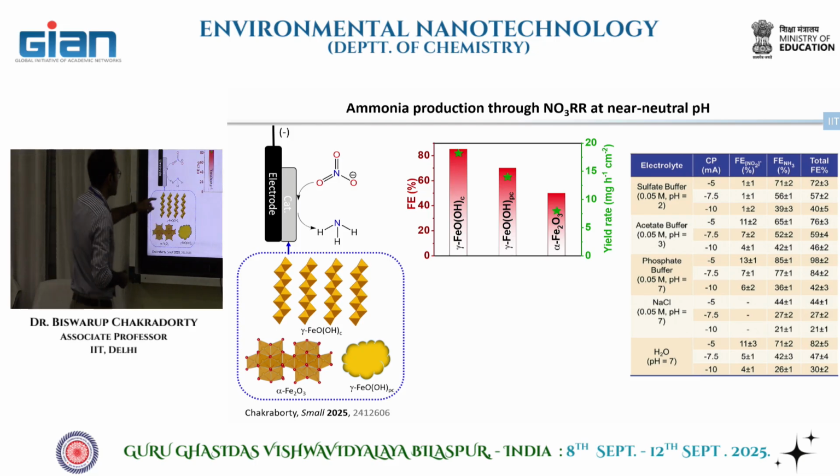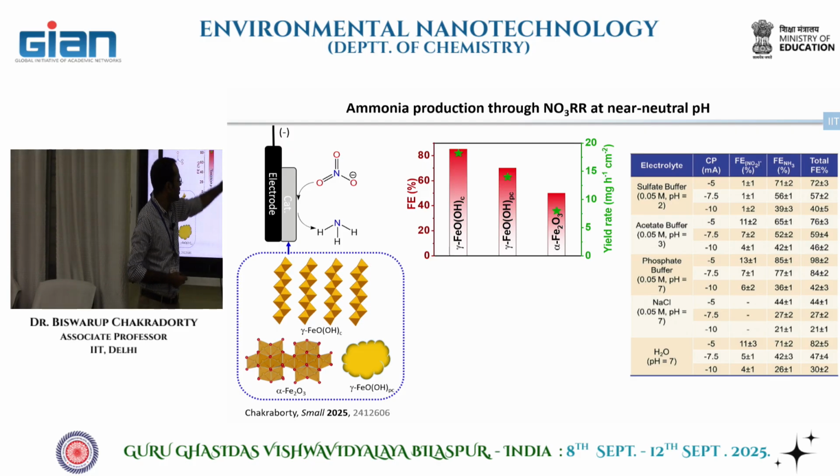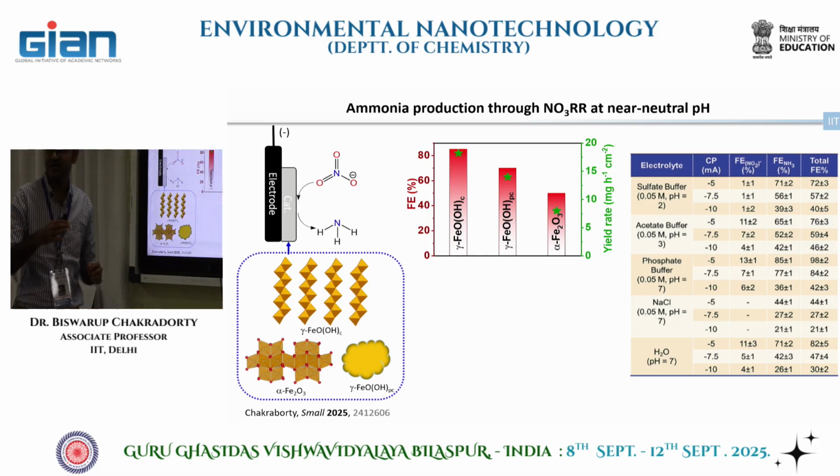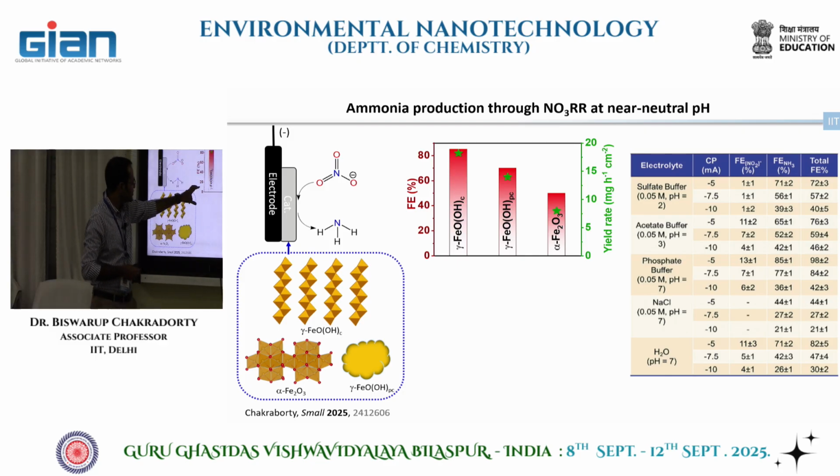It is almost 18 milligram per hour per centimeter square, because we have taken a 1 centimeter square surface area of the electrode. So from these metrics we can conclude that this is the best active catalyst.